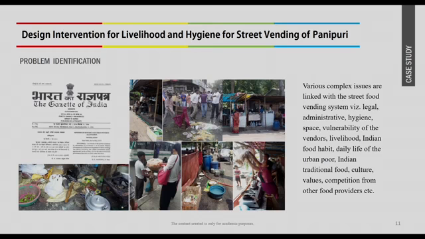So, that was the background, and then we studied the user. We tried to figure out what the actual problem is. We went to the actual scenario and did focus group techniques, and through interviews we figured out different issues related to street food vending.